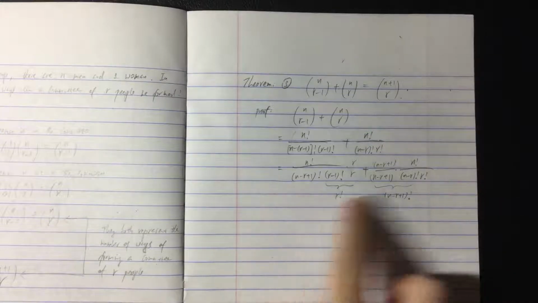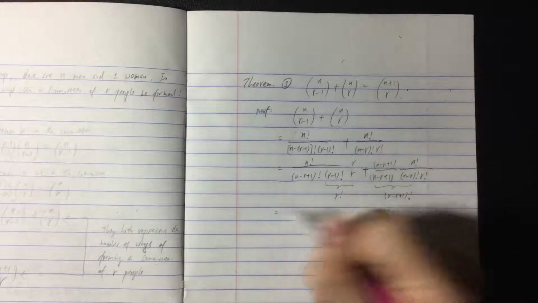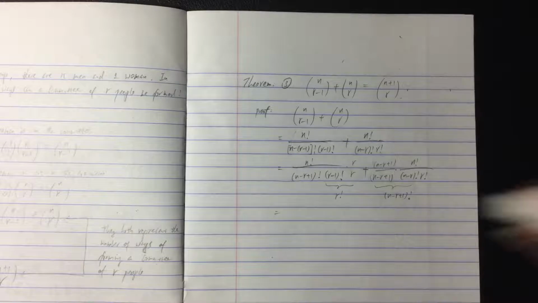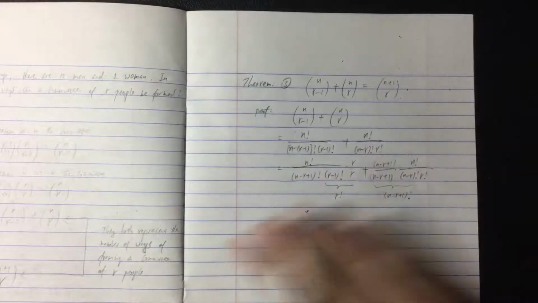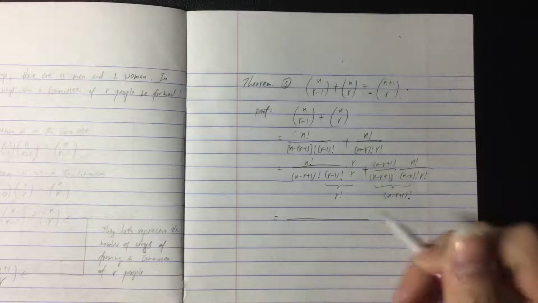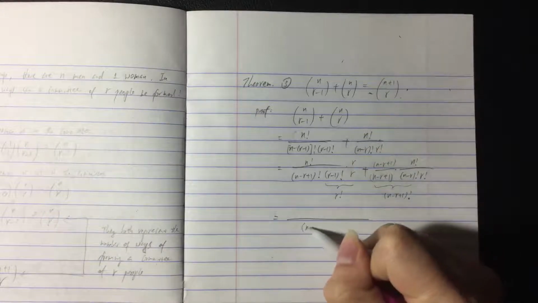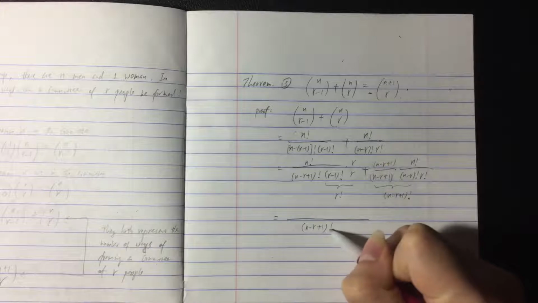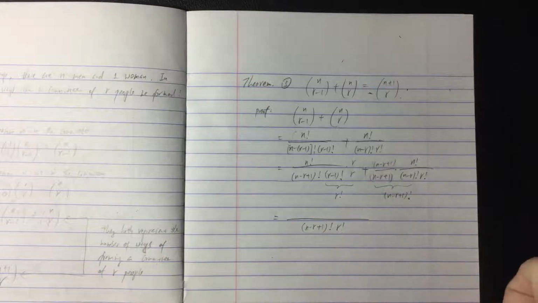Then the denominator will be the same. Once I make the denominator the same, I can keep the common denominator and add the numerators together. The common denominator is n minus r plus 1 factorial times r factorial.